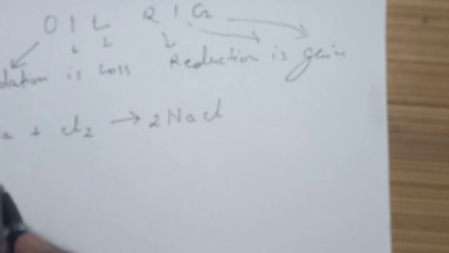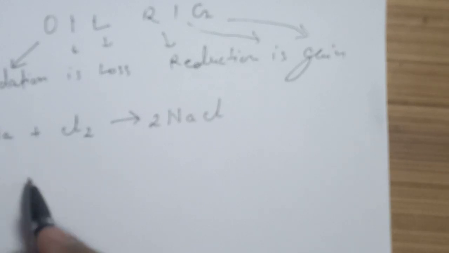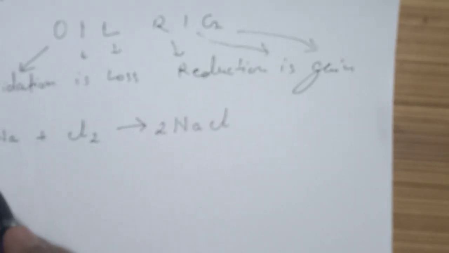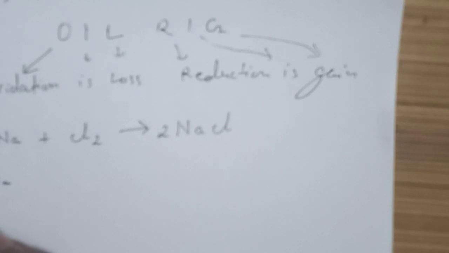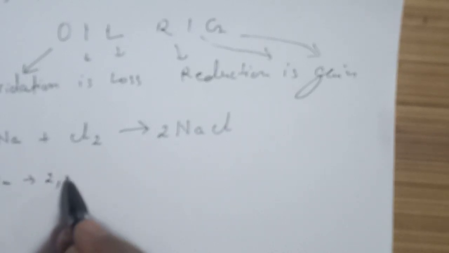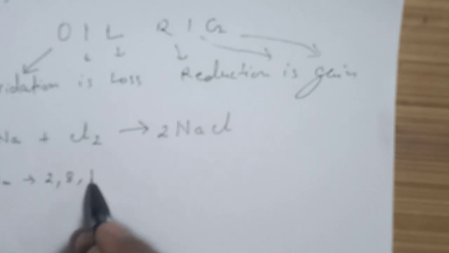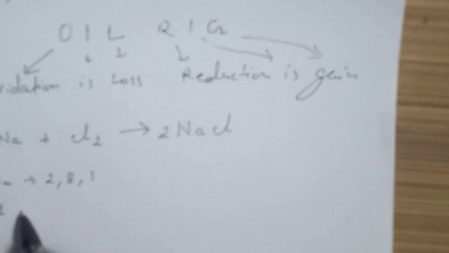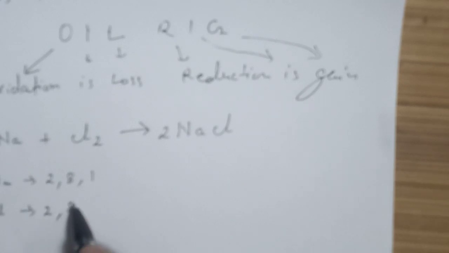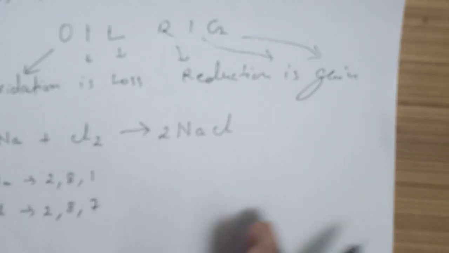So let's see based on that. Sodium has atomic number 11. What is its electronic configuration? 2, 8 and 1. While chlorine is 17, and its electronic configuration is 2, 8 and 7.